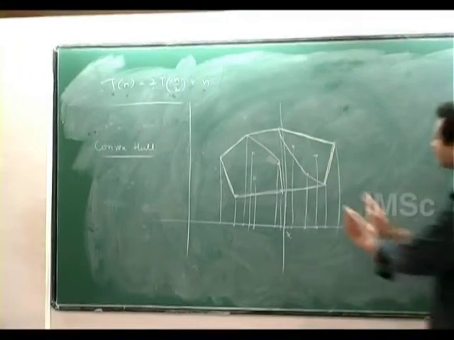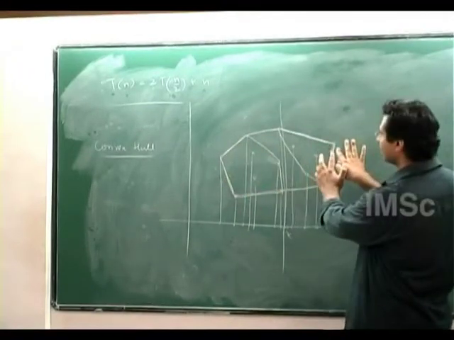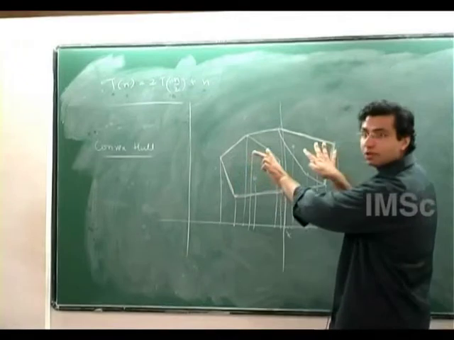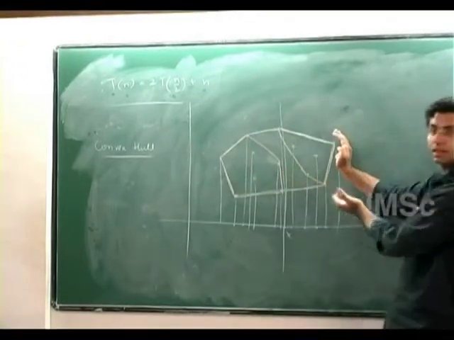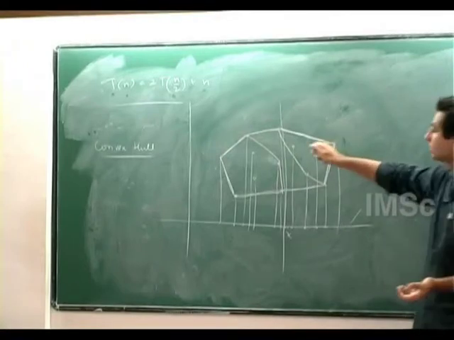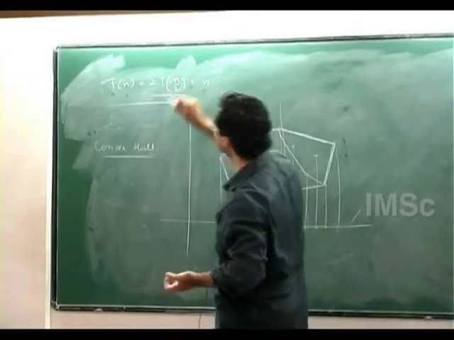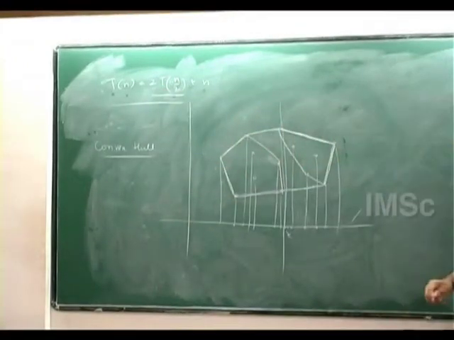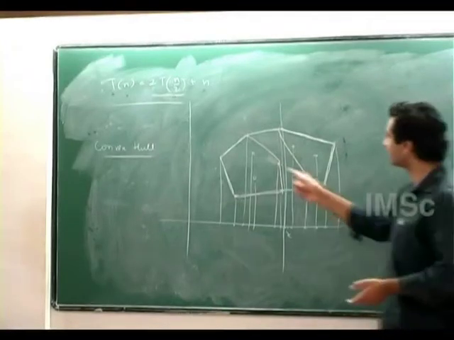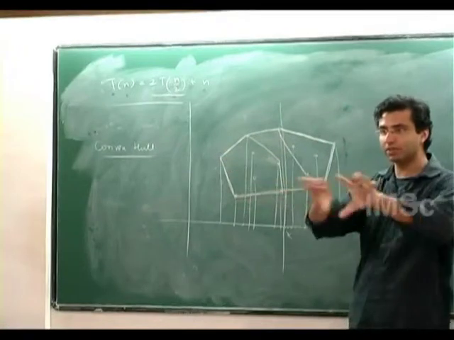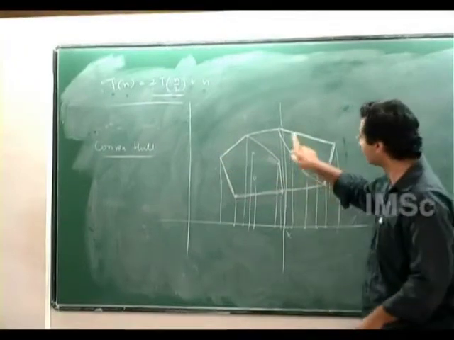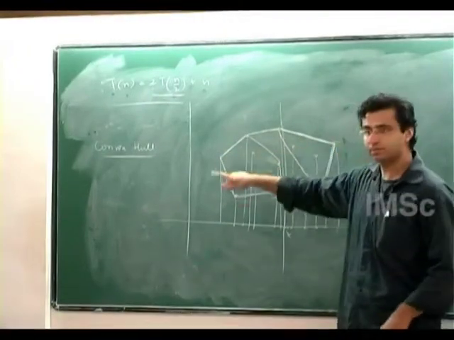Okay, so these are my n by 2 points, n by 2 points, and we are recursively computing the convex hull on these two parts. So I get a convex hull like this, and I get a convex hull like that. Okay, so that is this step in the recursion, and what we want to do now is to compute the complete convex hull. Given these two small convex hulls, I want to find the convex hull of all these points.